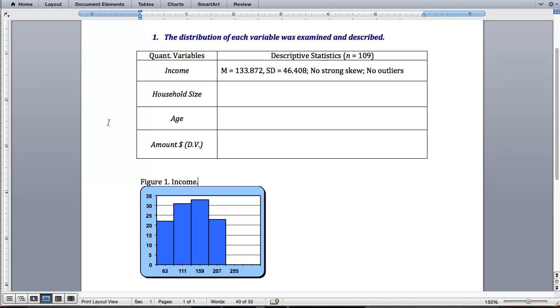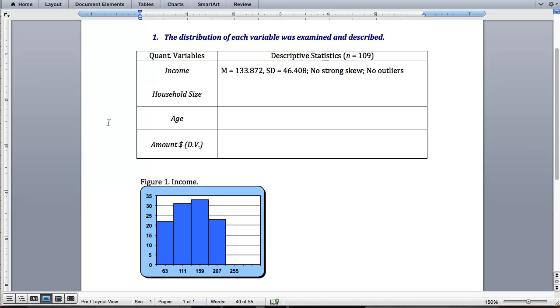So having run our analysis, we can now report our results. We're just describing the distribution of cardholder incomes, and we could say that the mean is 133.872. Remember, that's in thousands, as is the standard deviation of 46.408. We could also comment on the shape of the distribution and say specifically that there's no strong skew, or we might even be able to say this is approximately normal.